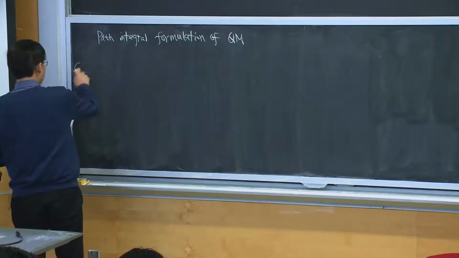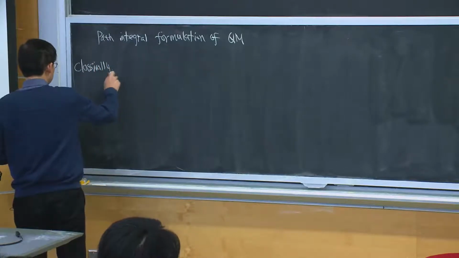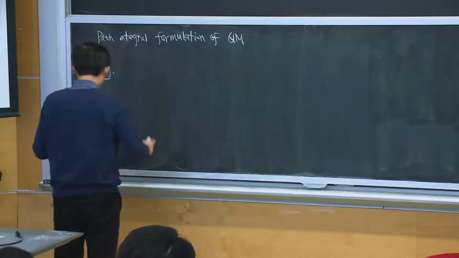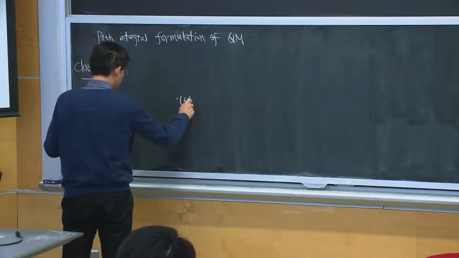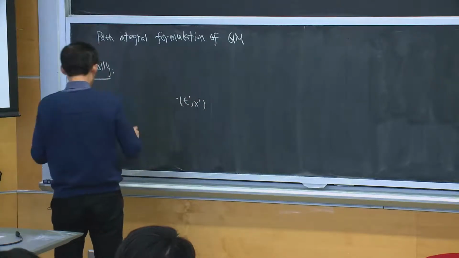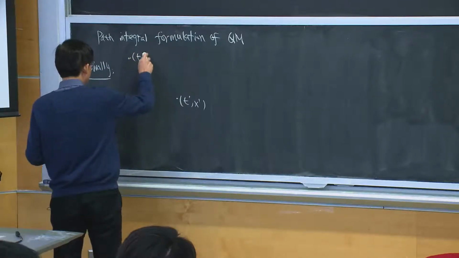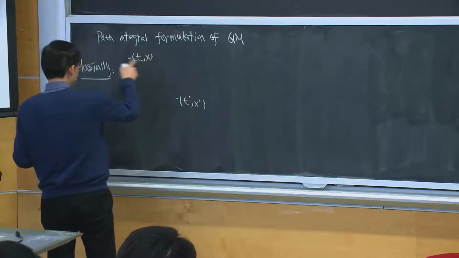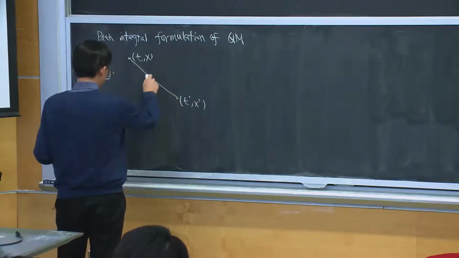Classically, if we specify the initial location, say at t prime, x prime, and then the final location, at time t, x, there's a unique trajectory.